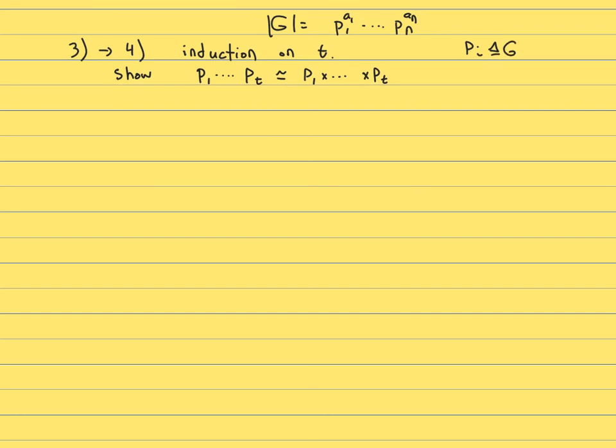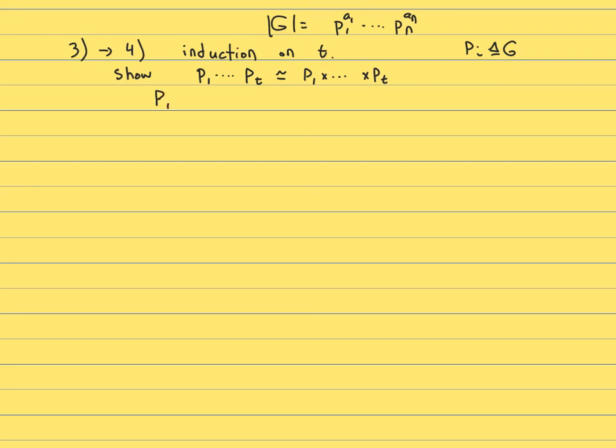And you want to show that G is isomorphic to the direct product of the Sylow subgroups. What we show first is that if you take the product set of the first t Sylow subgroups, for the first t primes, you also get a direct product. Prove this by induction, set t equal to n, and that's all of G.